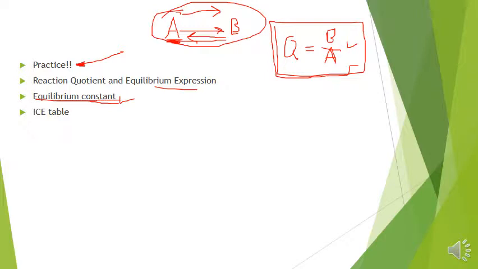In all the examples we had, we saw a reduction in our reactant and an increase in our product. But if there was more product than reactant, the reaction would move to the left. Okay, you would see the opposite: a decrease in your product and an increase in your reactant, but still using the coefficients.